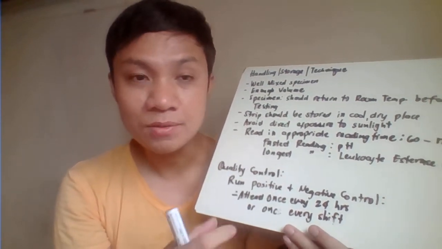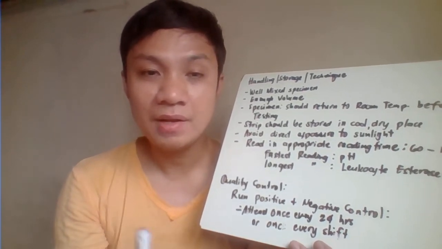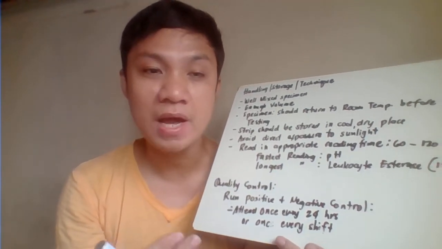do not use distilled water as your negative control. Although with distilled water, we are expecting that it has no chemical constituents, right? So it will give you a negative reaction.